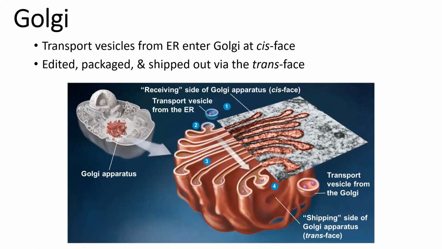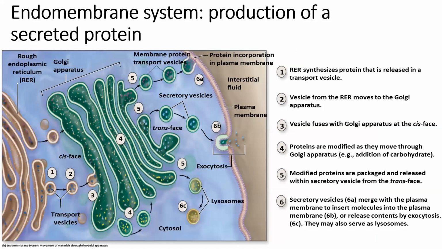So basically, the Golgi complex is going to take part in a process known as post-translational modification, basically modifying the proteins after they have been synthesized. Next, again, we can see that the endomembrane system is involved in the production of a protein, from the beginning to the end.